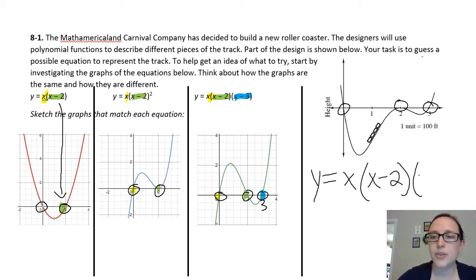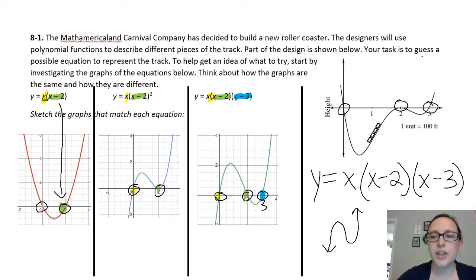And we would have an x minus 3 from the x-intercept of 3. If you try to graph this, it's not going to look exactly the same as the graph above. It might look something more like that maybe.